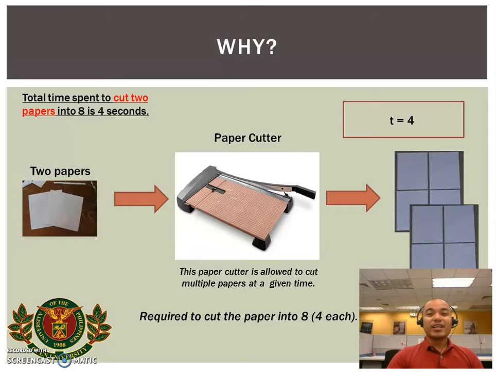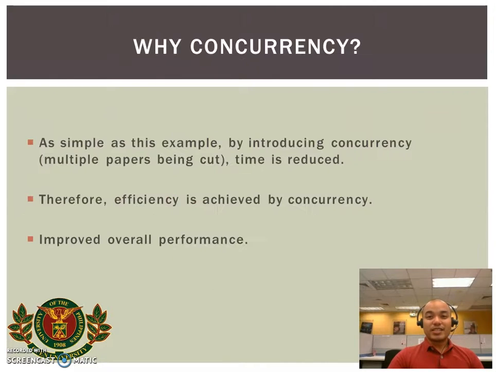It is clear from this example that concurrency reduces the time spent to process the papers. So concurrency's benefit is efficiency. Efficiency and the improvement of the overall performance of the operating system is the reason why we introduce concurrency.